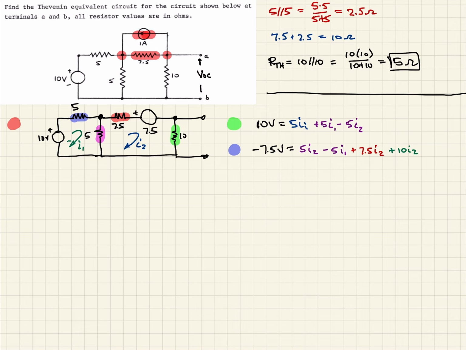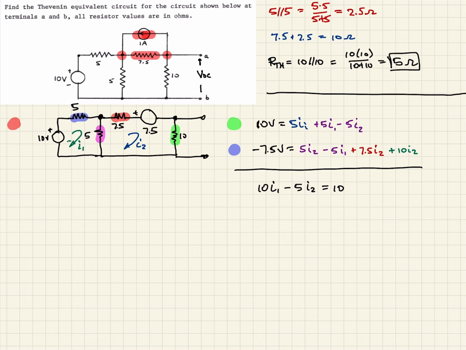So now we can combine like terms and rewrite this a little bit. So let's draw a line here and do that. And when we do, we should have 10 times I1 minus 5 times I2, and that should all be equal to 10. So that's the first equation, or the green equation above, rewritten.